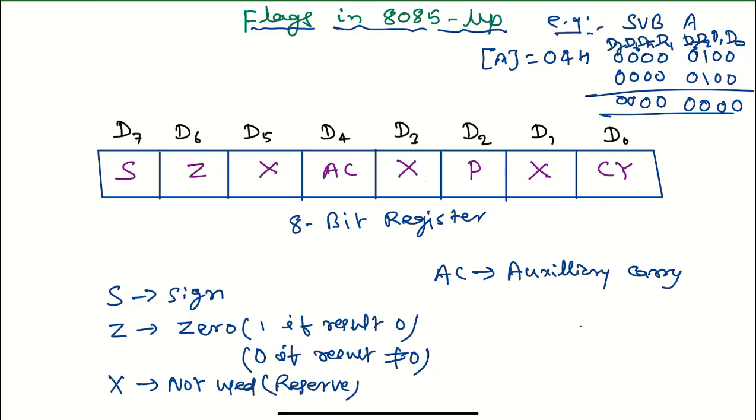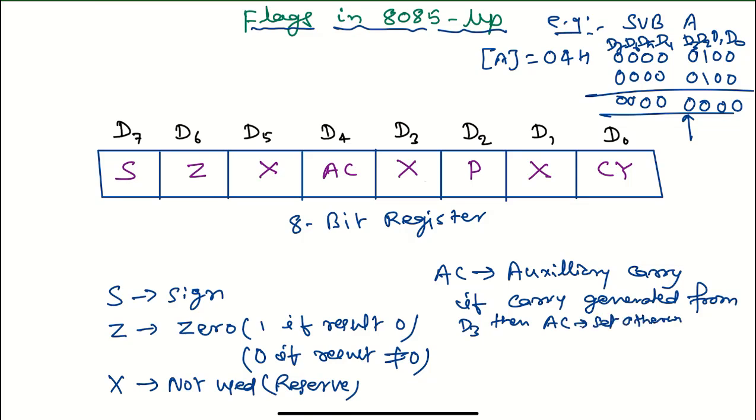Whenever we are performing any kind of arithmetic operation, and if any carry is generated from the D3 bit, from this position, then it is going to set this auxiliary carry. So if carry is generated from D3, then AC is set, otherwise reset. Otherwise it will be 0.